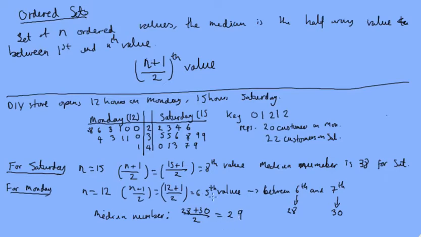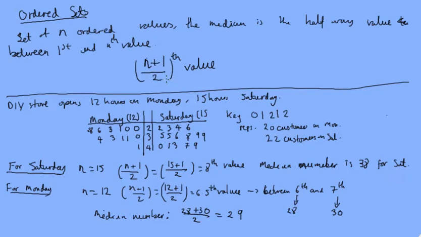Now, when the data appears on an ordered frequency table of individual values, we use the cumulative frequencies to investigate the positions of the values, knowing that the median is still n plus 1 divided by 2.